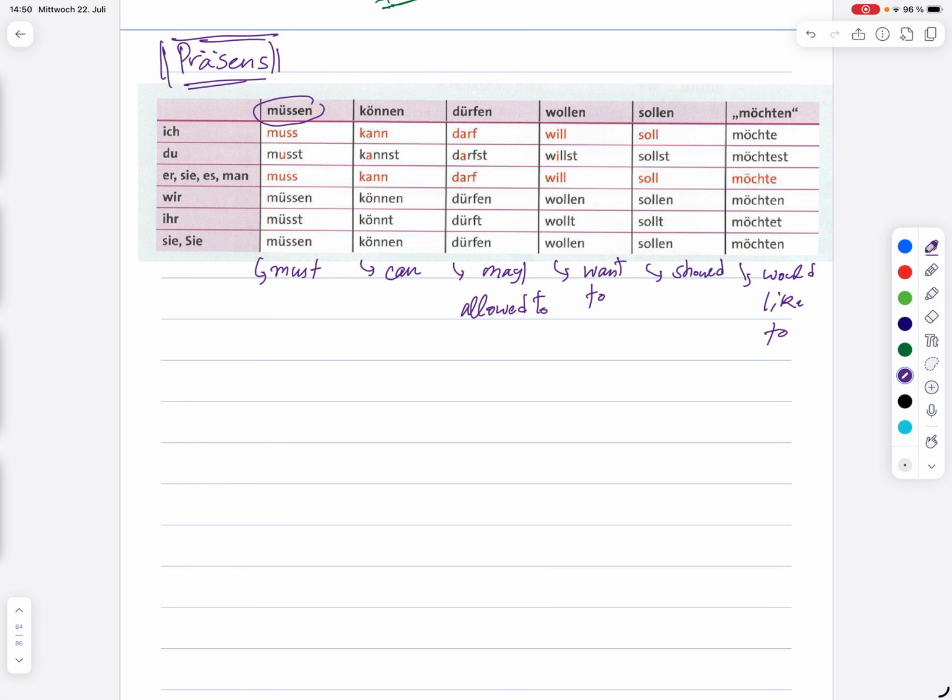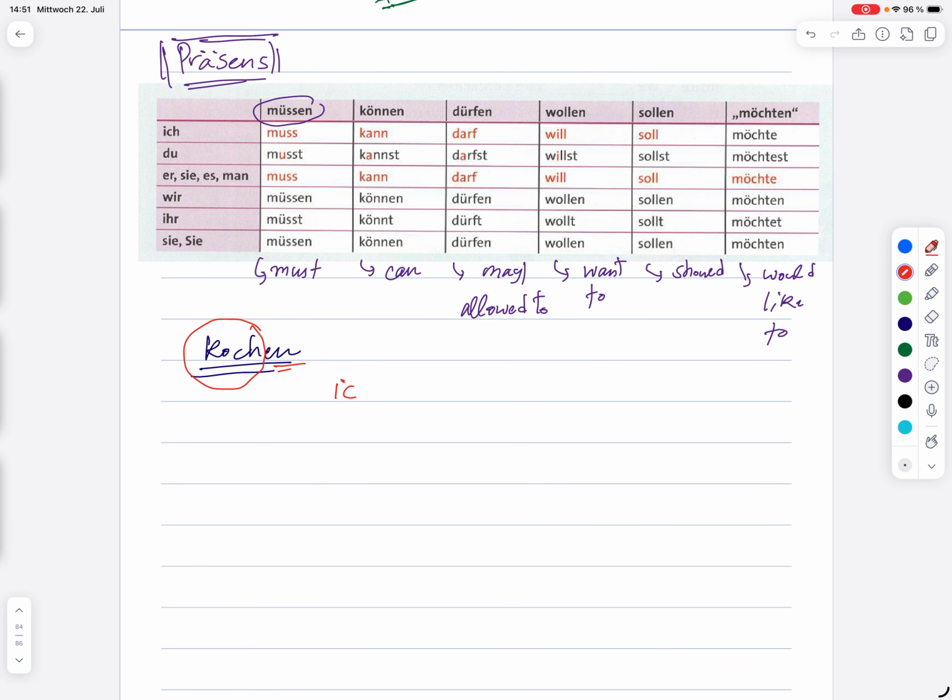Now let's look at the conjugation. If you remember, for the normal regular verbs, let's take the previous verb kochen. How does it get conjugated? I take the stem of the verb, which is koch, and remove the en. Then I conjugate koch depending upon the personal pronoun of the subject.